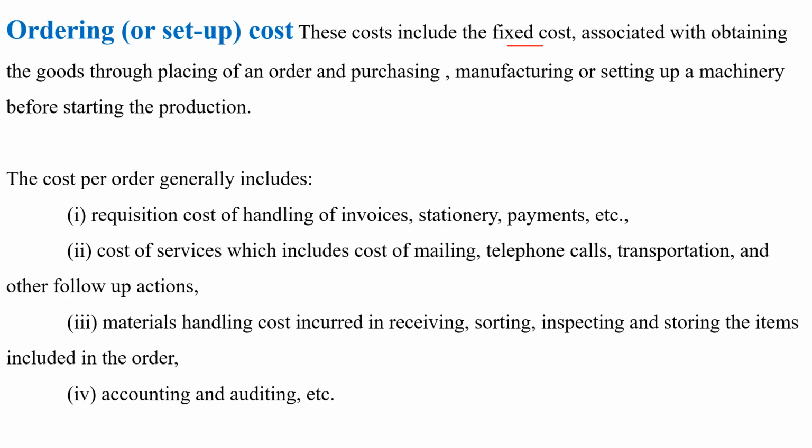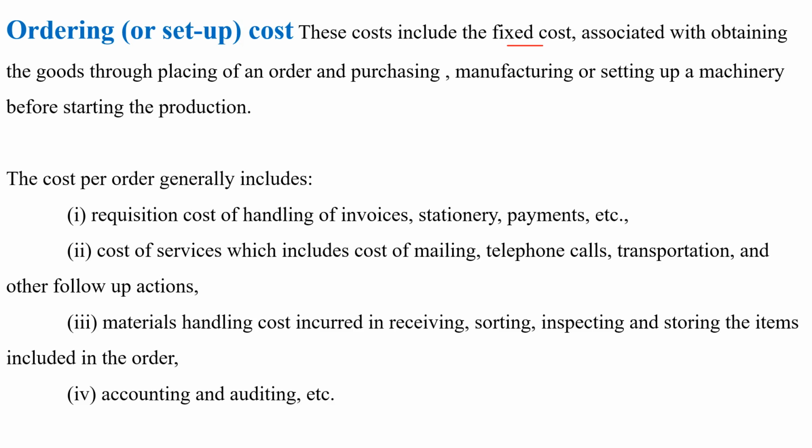The cost per order generally includes requisition cost, handling of invoices, stationery, payments, cost of services which includes mailing, telephone costs, transportation and other follow-up actions, and the material handling cost incurred in receiving, sorting, inspection and storing the items ordered, and also accounting and auditing.